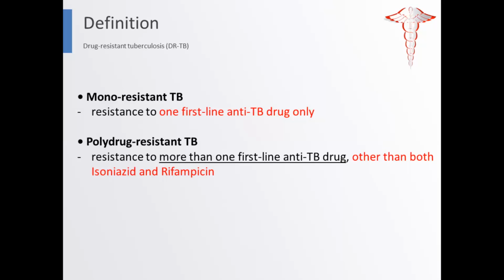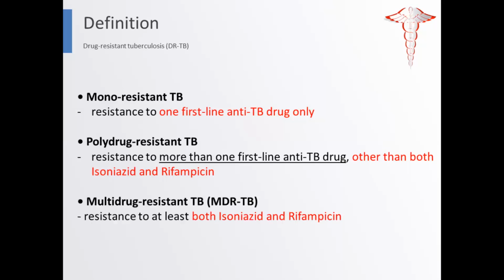So, for example, if it is resistant to rifampicin only, that is not it. But if it is resistant to pyrazinamide, it is polydrug resistant, because it is other than both isoniazid and rifampicin. That is the qualifier there. So it pertains to pyrazinamide and ethambutol resistance. Multi-drug resistant pertains to resistance to at least isoniazid and rifampicin.